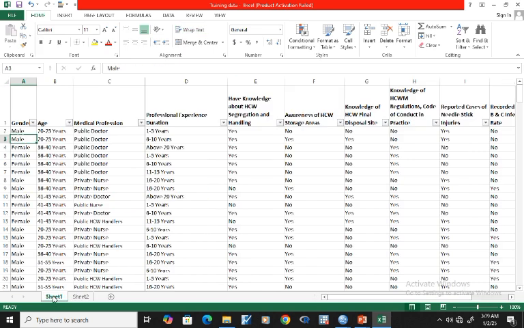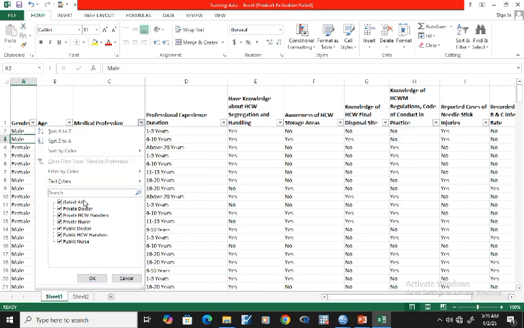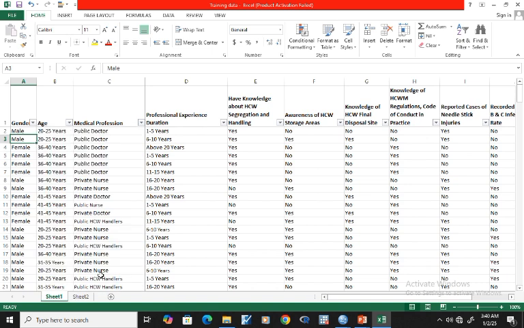where the medical professions take order 1 to 6, where 1 is the code for private doctor, 2 private healthcare waste handlers, 3 private nurse, 4 public doctor, 5 public health waste handlers, and so on down to 6.